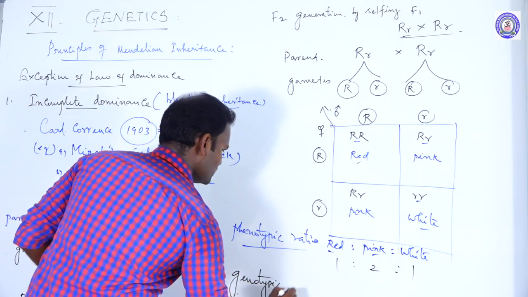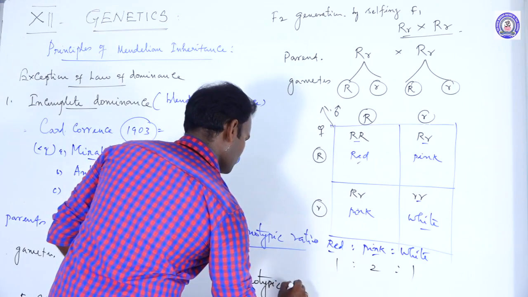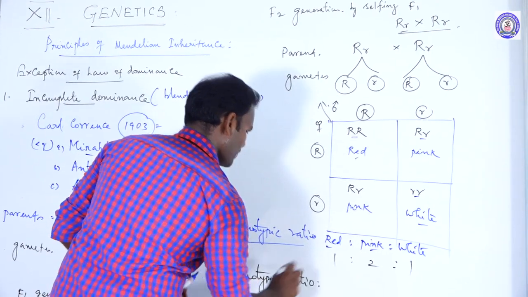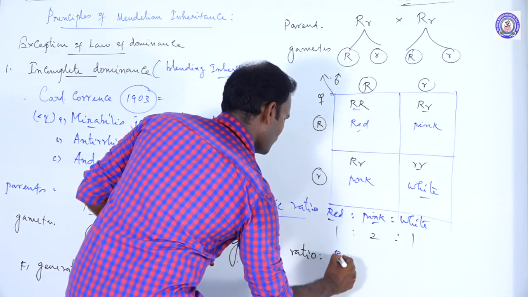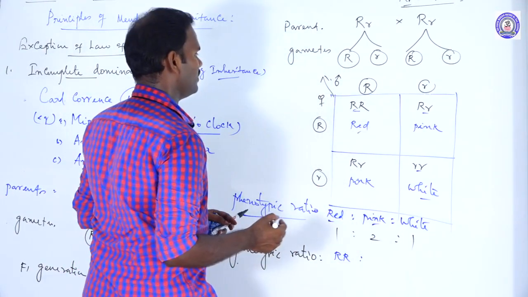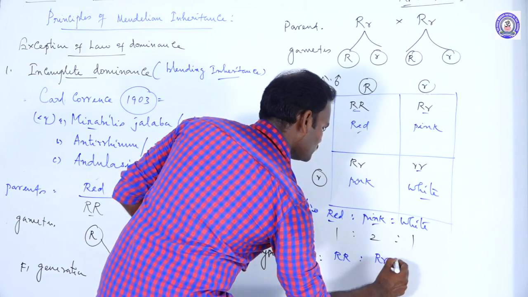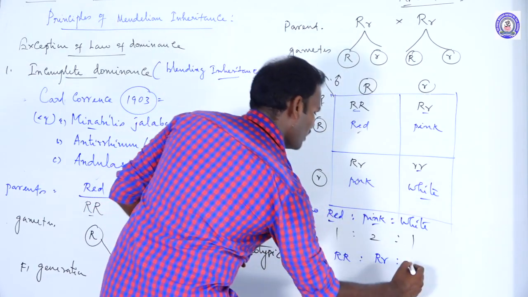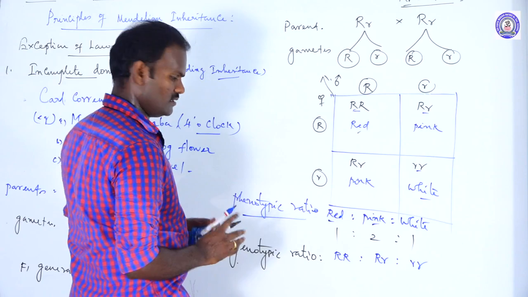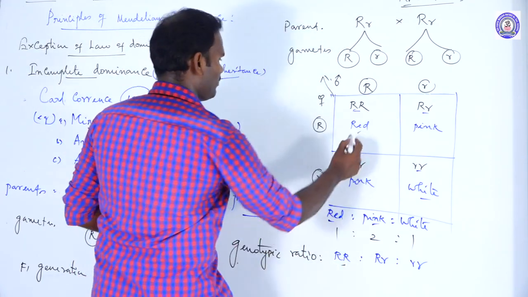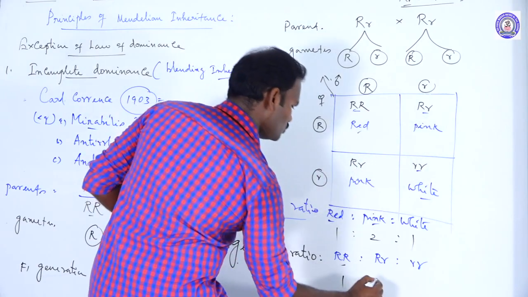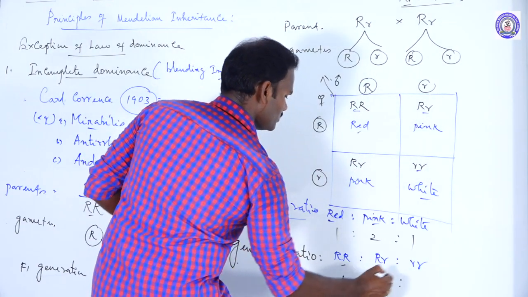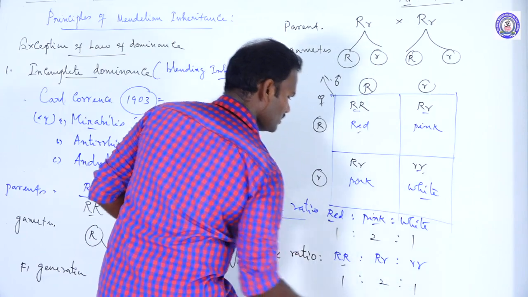Then what is the genotypic ratio? Genotypic is nothing but the ratio of genetic constitutions. How many capital R capital R, how many capital R small r, how many small r small r. Capital R capital R, only 1, capital R small r, 2, small r small r, only 1.